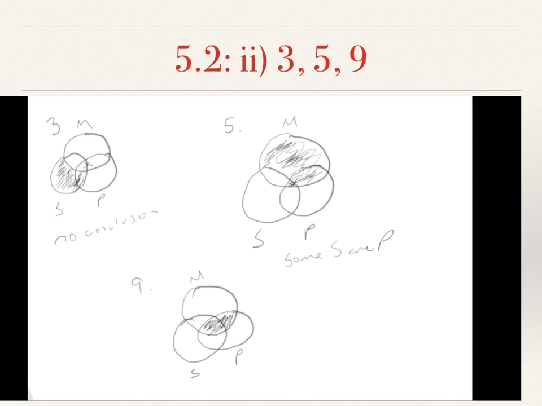And then some M are S, so where M and S overlap, we have an X here. And so what can we say about S and P, right? Because that's what we're talking about, the subject and predicate of the conclusion. Well, then we can say that there is an S that's not P. So we can say some S are not P. So that's how 3, 5, 9 work. Basically, the others are pretty much the same way. So hopefully this helped.